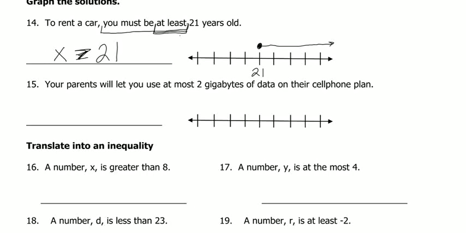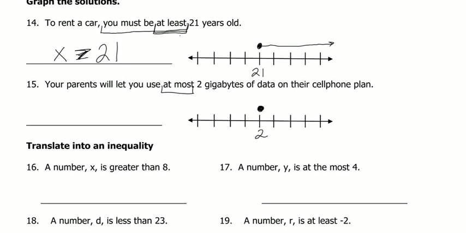Your parents will let you use at most 2 gigs of data on your cell phone plan. So, we've got 2. At most. So that means that we can use 2 gigs. If we go over, we're going to mess up the plan, and we're going to have to pay a bunch of overages, and they usually take that out on you in some way, shape, or form.